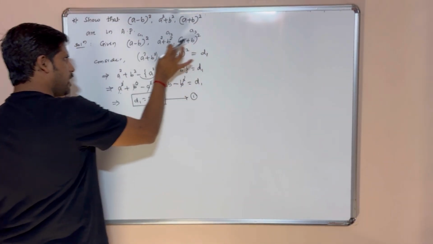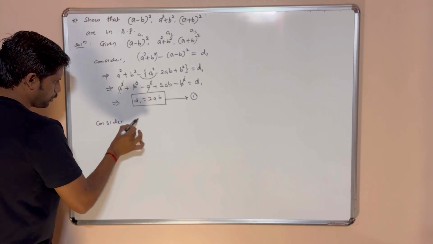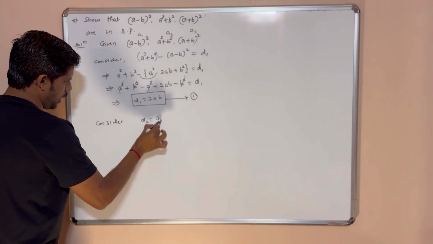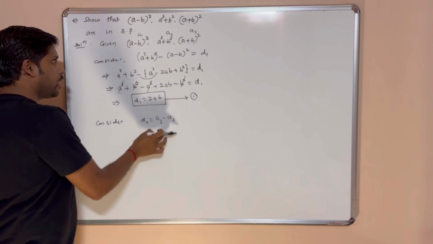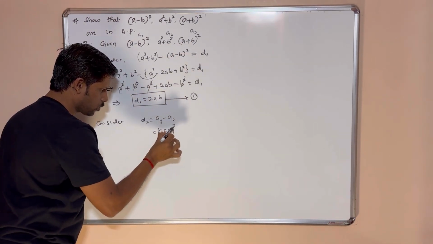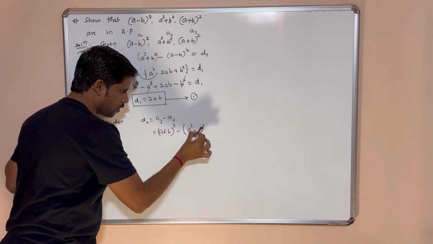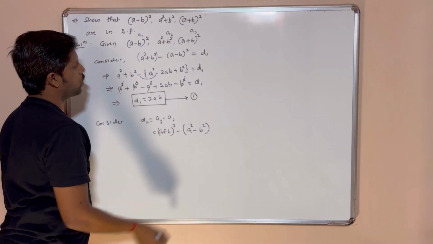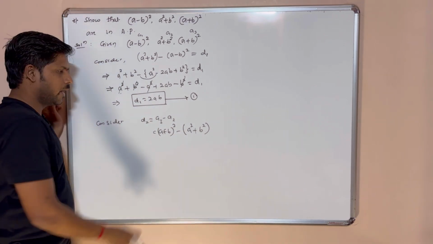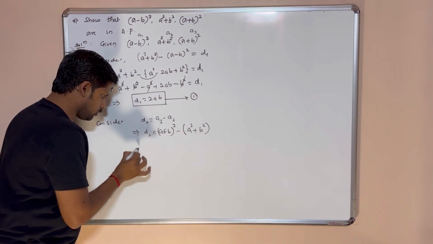Now I will consider A3 minus A2. Consider D2 is equal to A3 minus A2. What is our A3 here? (a plus b) whole square. So (a plus b) whole square minus (a square plus b square) is D2.